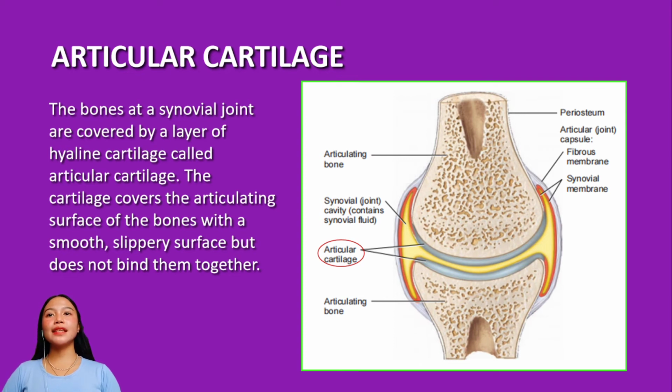The bones at the synovial joint are covered by a layer of hyaline cartilage called articular cartilage. The cartilage covers the articulating surface of the bones with a smooth, slippery surface but does not bind them together. Articular cartilage reduces friction between bones in the joint during movement and helps to absorb shock.